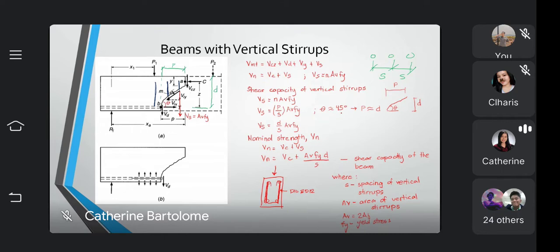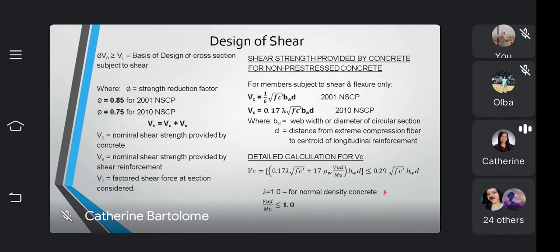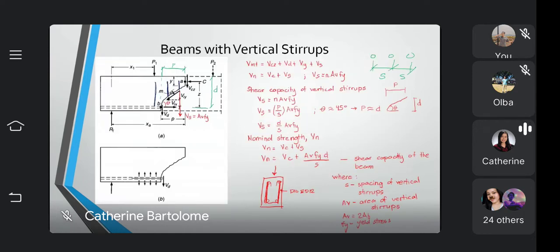Ma'am, what is Vc? Vc, as stated here, is the nominal shear strength provided by the concrete. Remember, shear is composed of concrete and shear reinforcement.